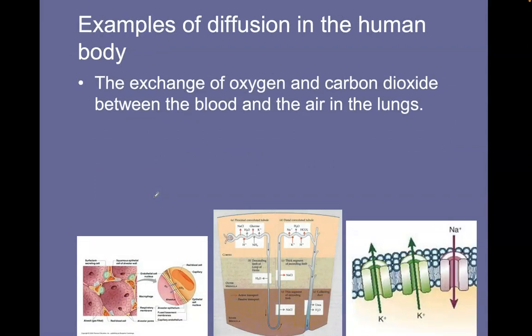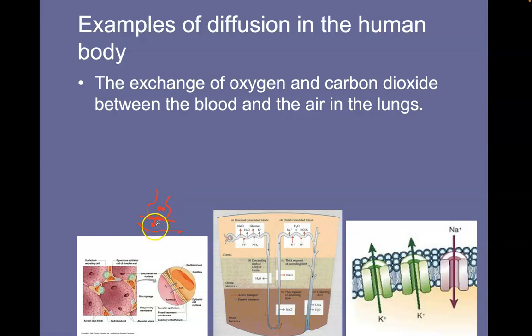One example is the exchange of oxygen and carbon dioxide between the lungs and the blood. Our lungs end up in these things called alveoli, and there are blood vessels that wrap around those alveoli. As we take in a breath of air, our oxygen is going to go down its concentration gradient. It can do that because it's a small molecule, not charged.